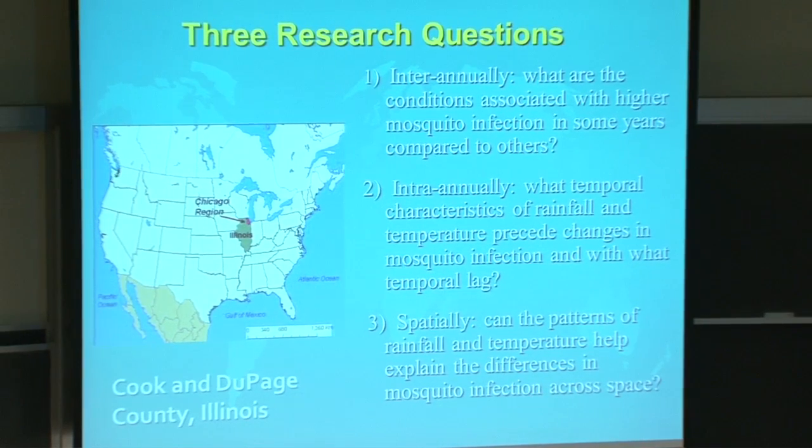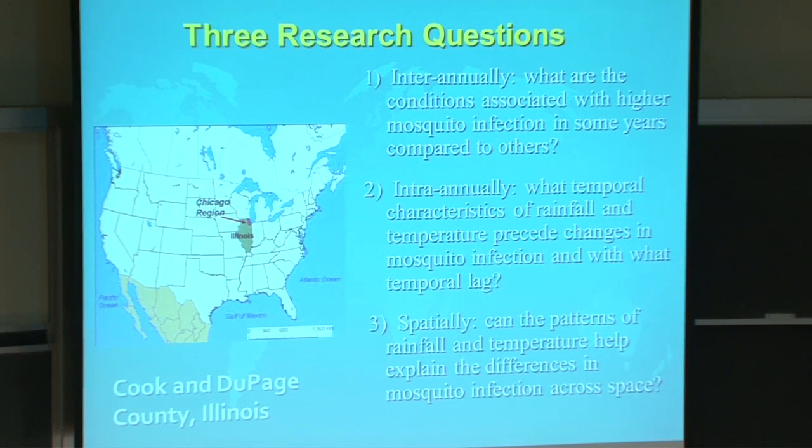So we had many research questions, but 3 of them are: interannually, what are the conditions associated with higher mosquito infection in some years? Within a year, what temporal characteristics of rainfall and temperature precede changes in mosquito infection? And what was the temporal lag? And then spatially, can we use the patterns of rainfall and temperature to explain differences even within a relatively narrow area?